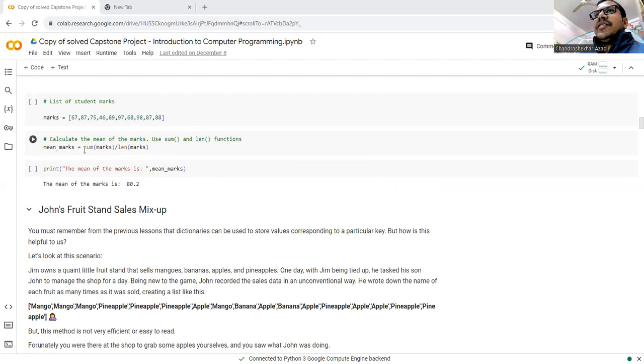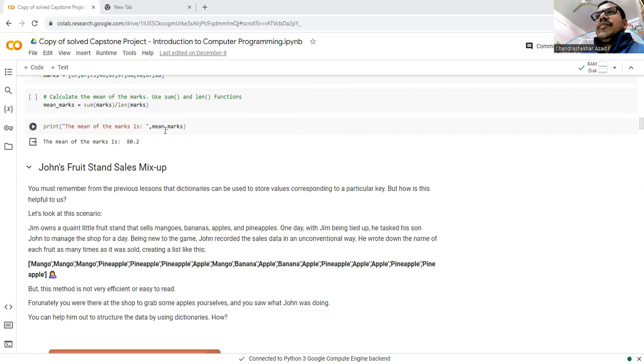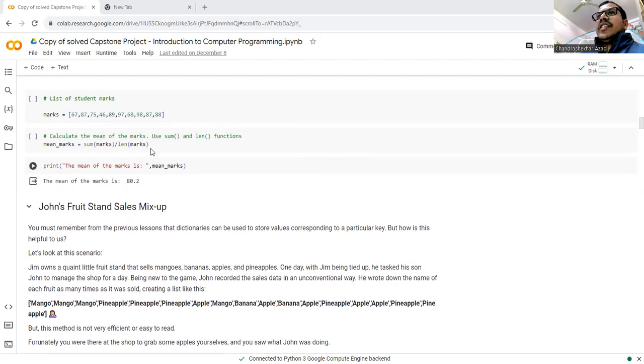So the mean is equal to the sum of total marks divided by the number of students, and the print function will print the mean marks, that is the mean of the marks is 80.2.